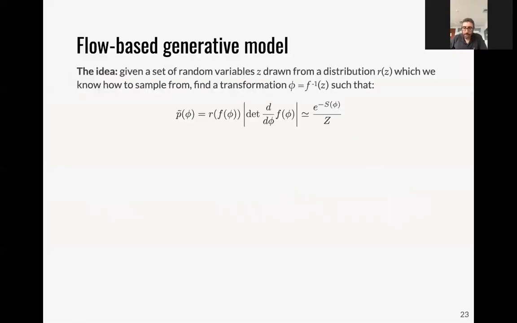So the idea is, given a set of random variables z that we can draw from a distribution that we know how to draw from, for example r of z, then we need to find a transformation such that the transformed distribution p tilde of f of phi closely approximates our desired distribution, right? E to the minus s of y over z.